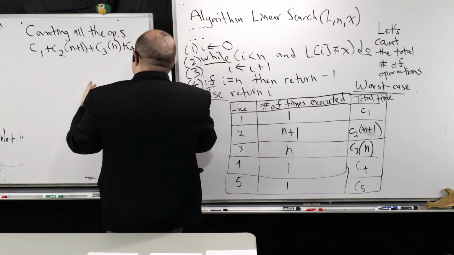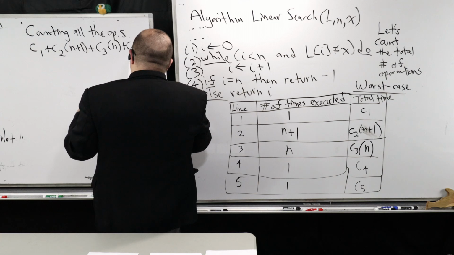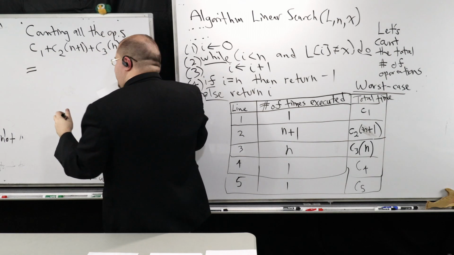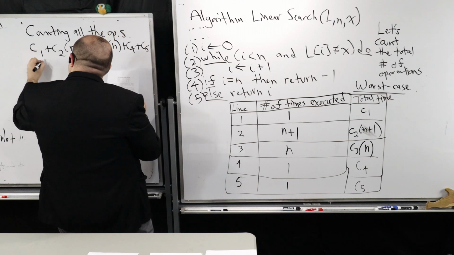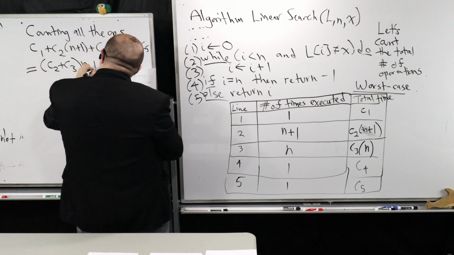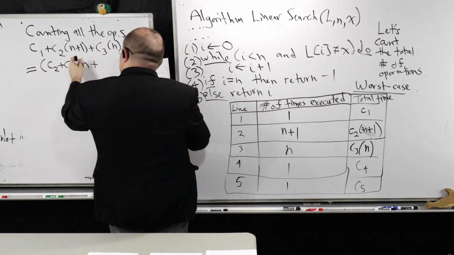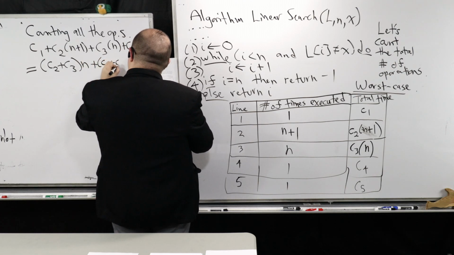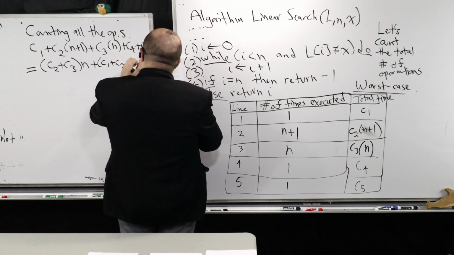Now if you look at this carefully, you can rearrange this in a way that looks a little more familiar. So you end up with C2 plus C3 times n plus all the constants, where I rip one extra C2 out of here. So I have C1 plus C2 plus C4 plus C5.